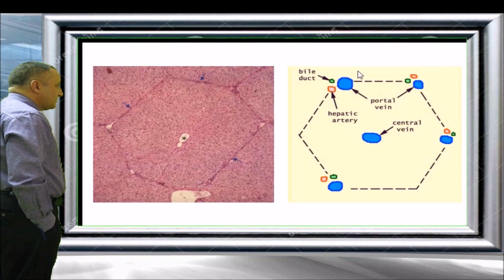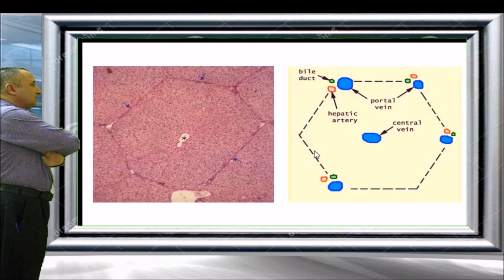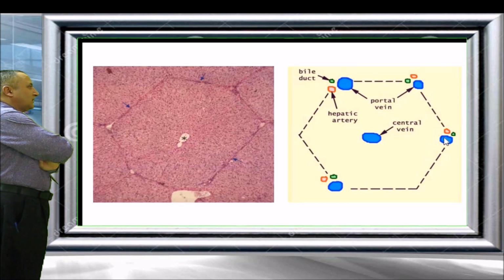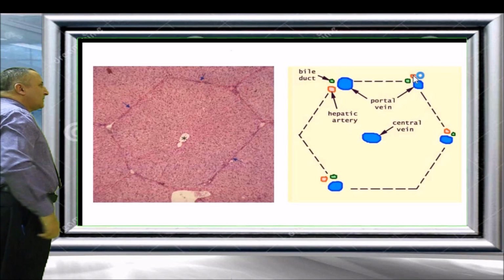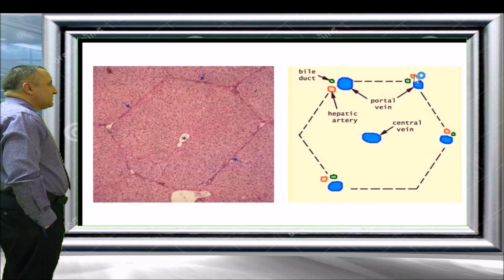This can be shown here: the hexagonal structure of the lobule, and at the corners of this hexagonal lobule is the portal triad consisting of the portal vein, bile ductule, and branch of the hepatic artery.